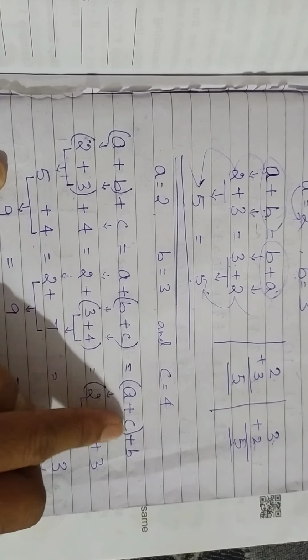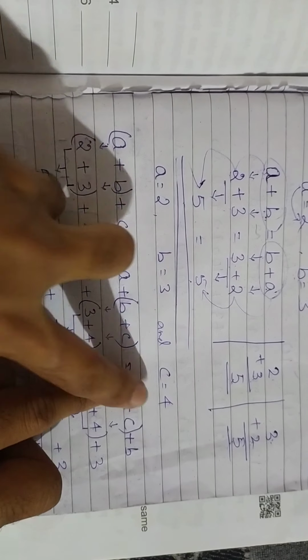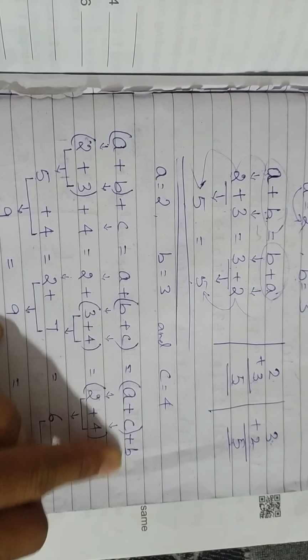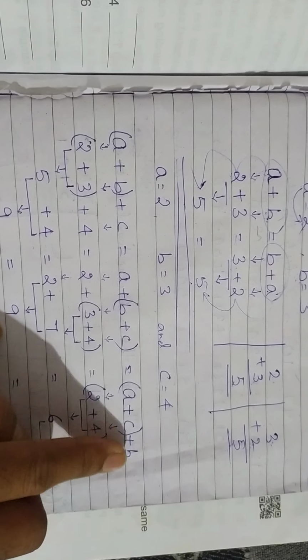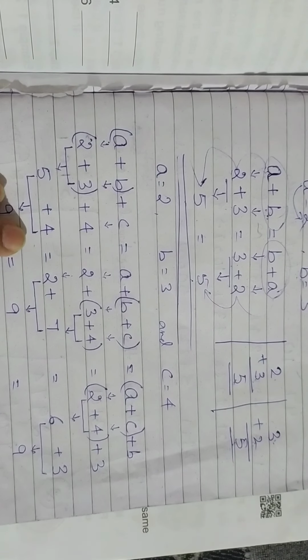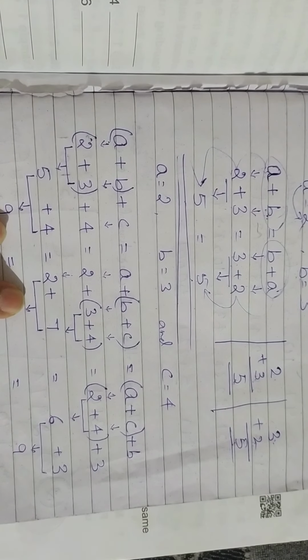Here A plus C, the first and third addends, are grouped and B, the second addend, is left aside. Now let us check how it works out.